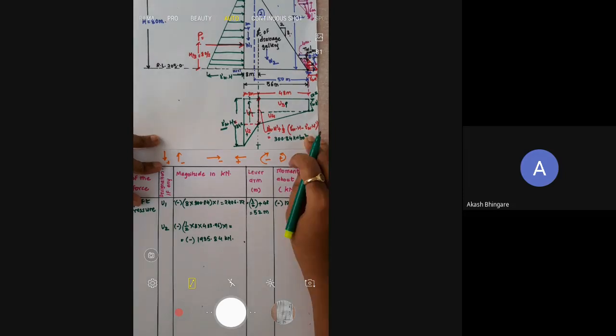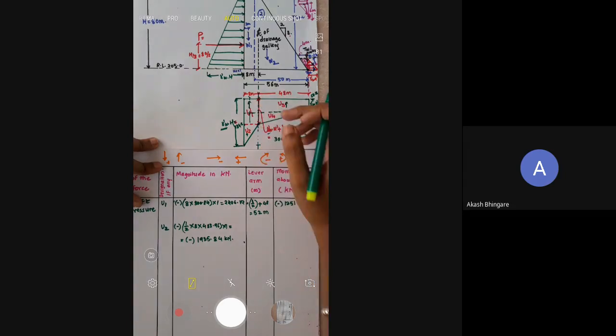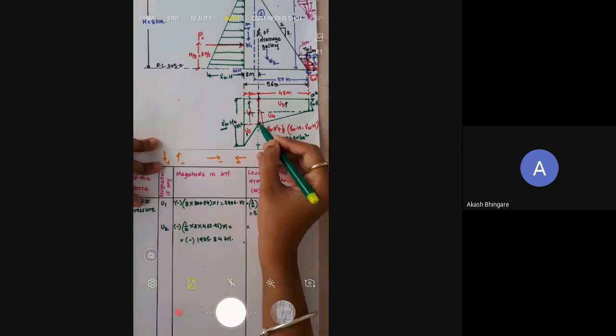Okay, it is 48 this distance. Yes, absolutely correct. Then from this side it is 2h by 3. You are absolutely correct, Anand. So tell me about what this height is, say 8 meter. So from this apex it will be 2h by 3, and from this side it will be h by 3. Yes, correct.